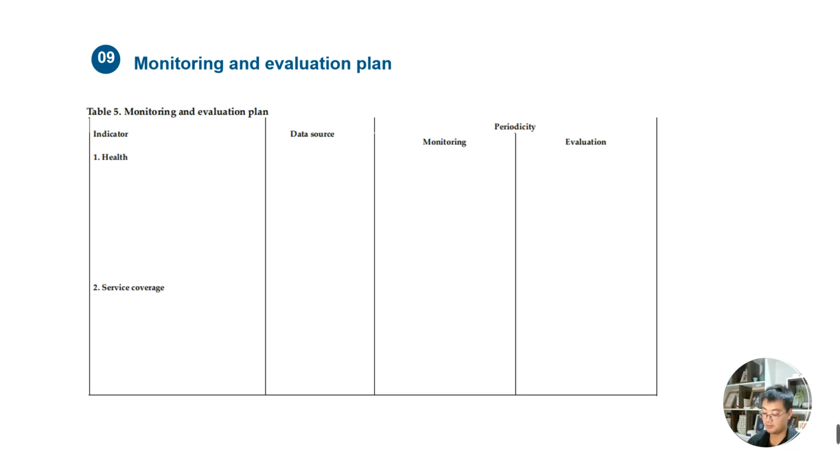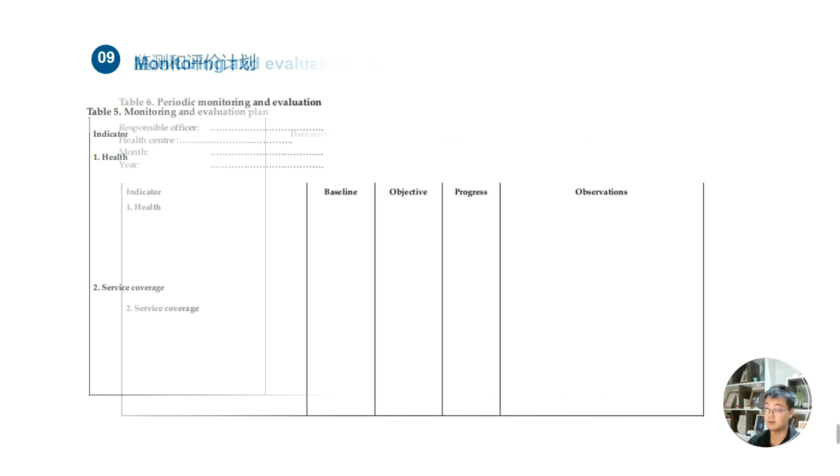Refer to the planned activities and their expected results from Part 8. Define indicators to measure this change and the means of gathering information using the templates provided like Table 5 and Table 6.